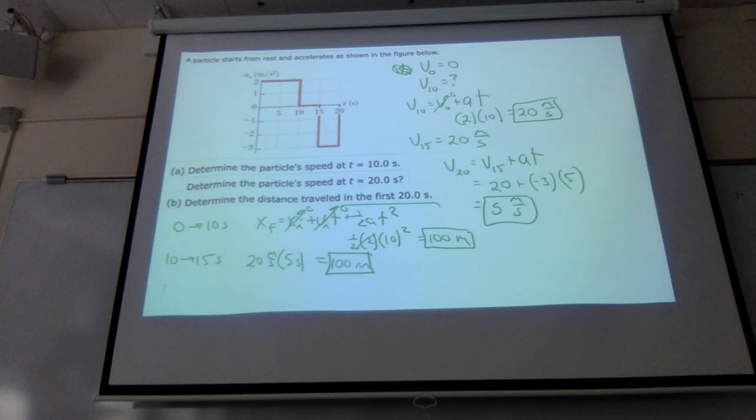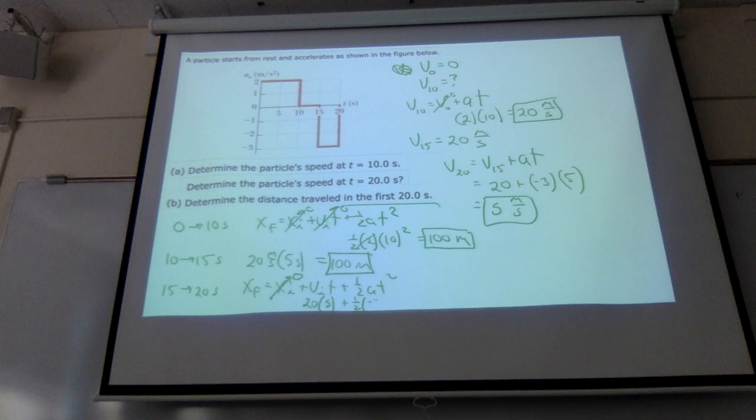And then finally, from 15 to 20 seconds, now I'm slowing down. So what we want to use here is this equation again. And let's just go ahead and say that we're starting at 0 because I just want to see how much I move during that last bit so I can add it to the others. And we start by moving at 20 meters per second.